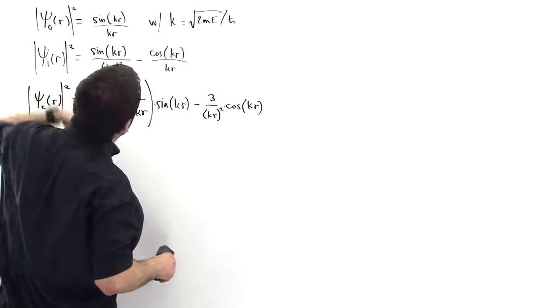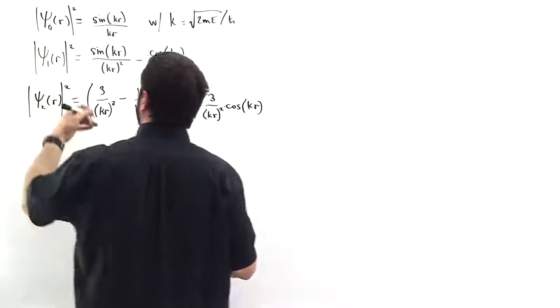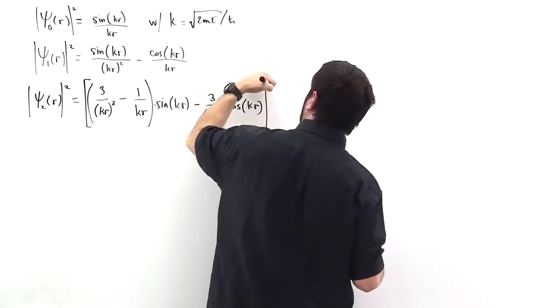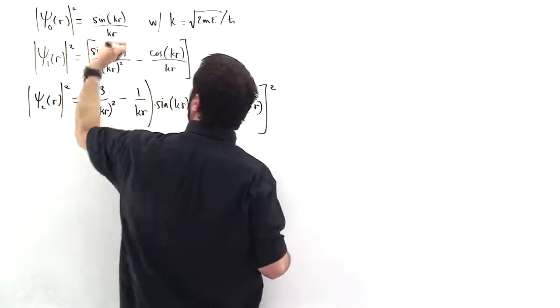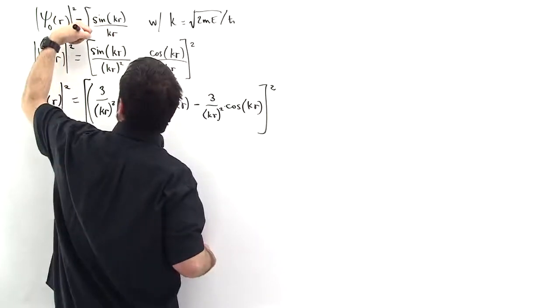And because there are no imaginary parts in these, it's easy. So you just square this whole thing and plot that. But hold on, we've got to do a change of coordinates first.